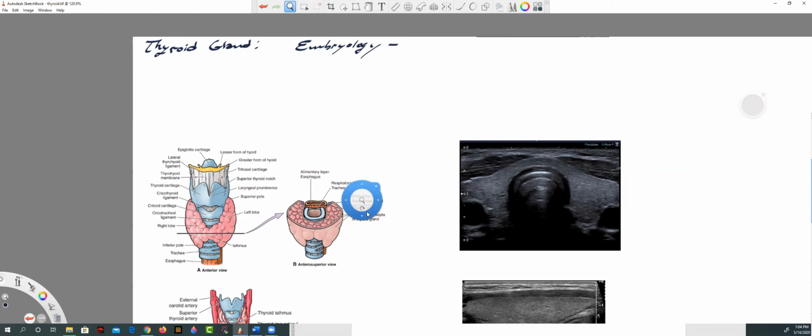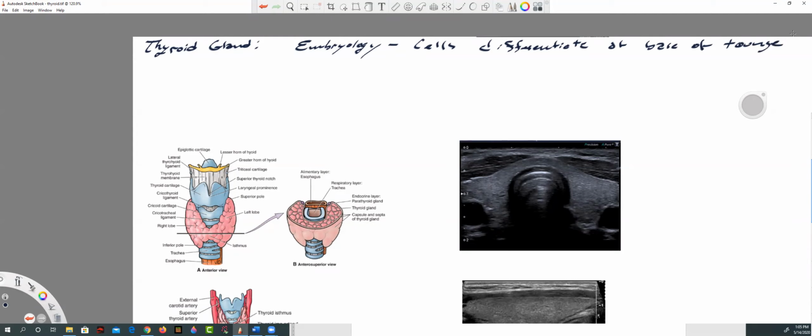That was a good size. All right, thyroid gland embryology. All I'm going to say about the embryology is that the cells differentiate at the base of the tongue.